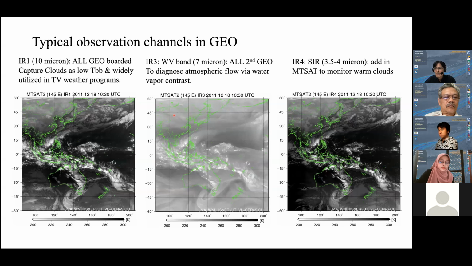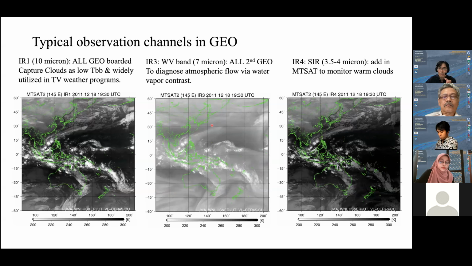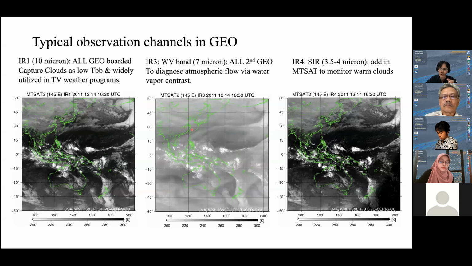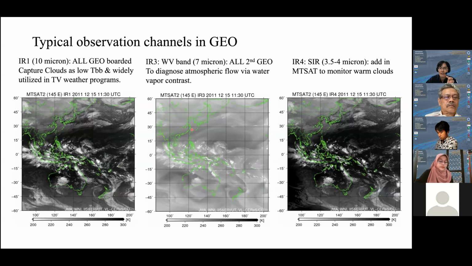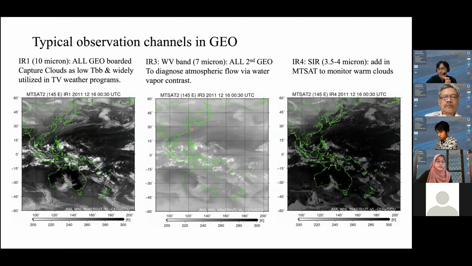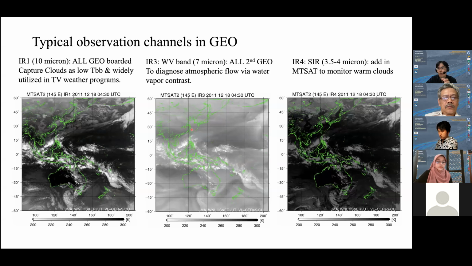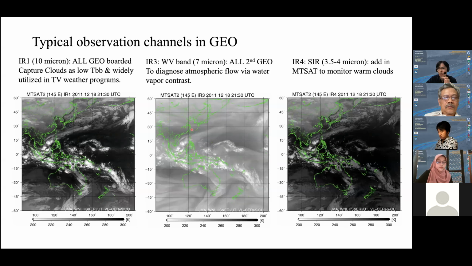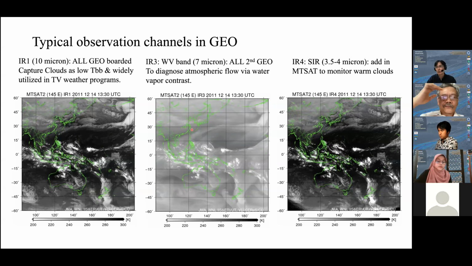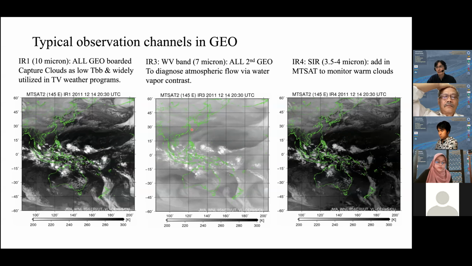So it is very easy to monitor atmospheric movement compared to the 10 micrometer. This image can help experts in meteorology and weather observation. That's the reason why the 7 micrometer wavelength is installed in the geostationary satellite.